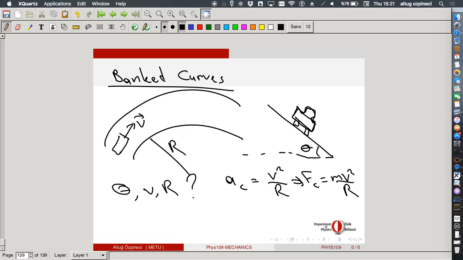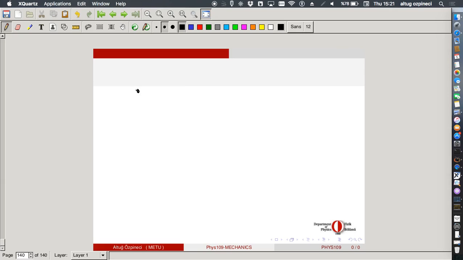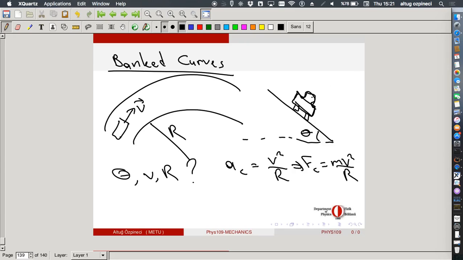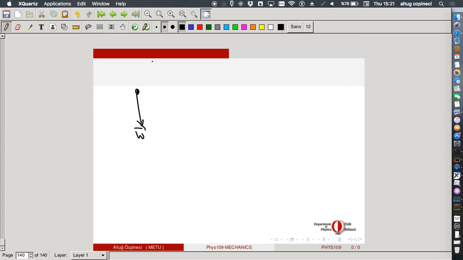Now what are the forces acting on my object, on my car? So this is my car, there is the weight, and there is the normal force. This is the normal force. And this is the radial direction. Let's call it the x direction. This is the y direction.